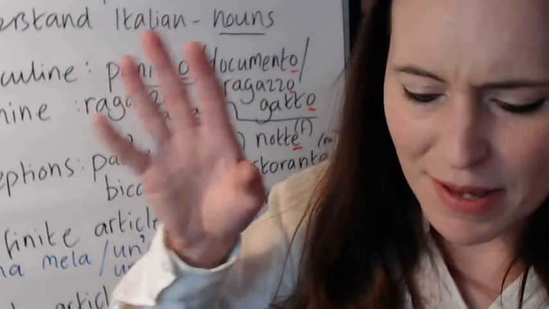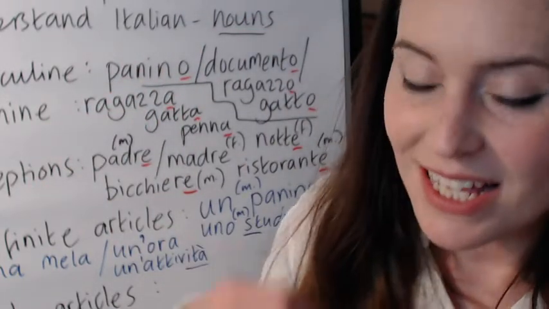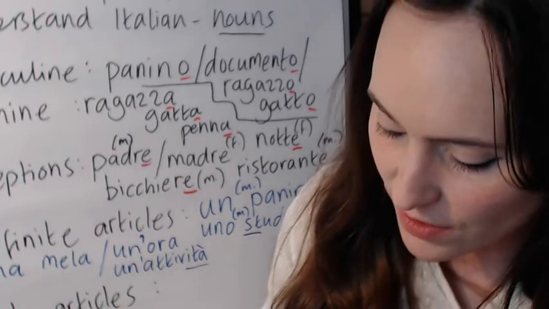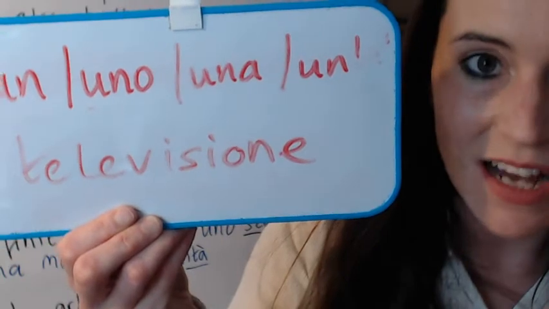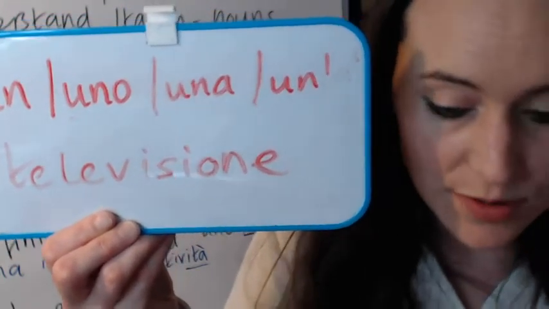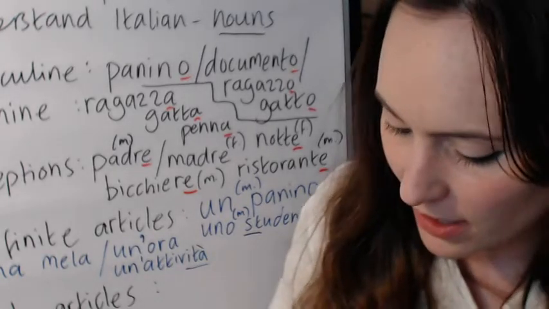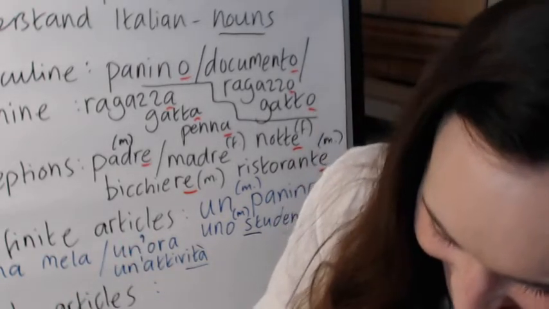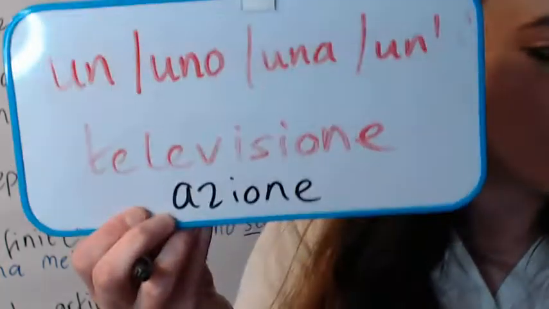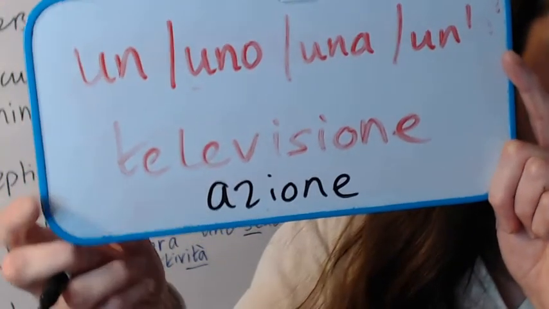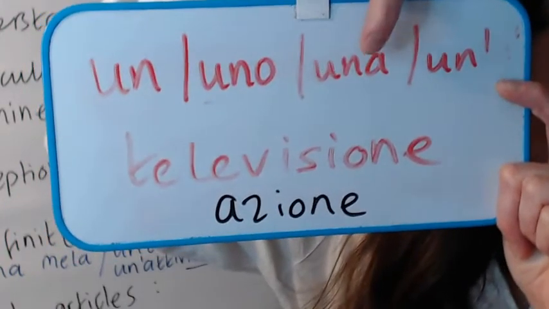Oh, another one that I wanted to mention. Not exactly the same sound ending, but similar. And that's words that end with zione. So instead of S-I-O-N-E, these words end with Z-I-O-N-E, and they also tend to be feminine as well. Azione. So, in fact, that's a good one. So here we've got televisione, una televisione, this one.